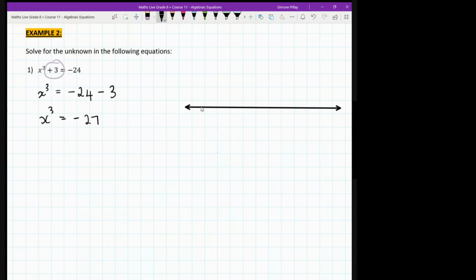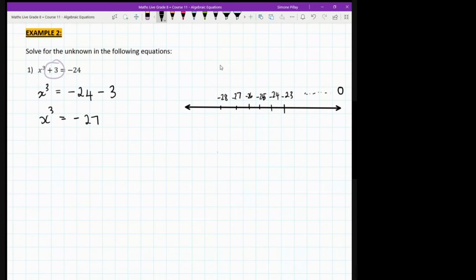-27. If you think about a number line, all the way on the side would be 0. And as we went this way, it would have been -1, -2, -3, -23, -24, -25, -26, -27, -28.